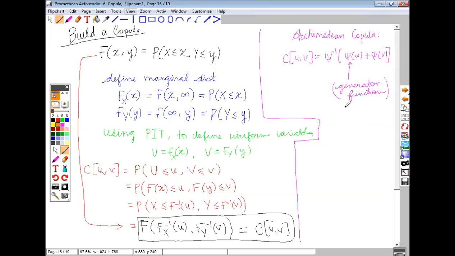So again, sometimes what happens is these inverses may not exist. That is the reason why in the books they have mentioned pseudo inverse function, right? It's not exactly inverse. So whenever I'm talking about a pseudo inverse function, it is just another way of defining an inverse function such that it has a value everywhere.